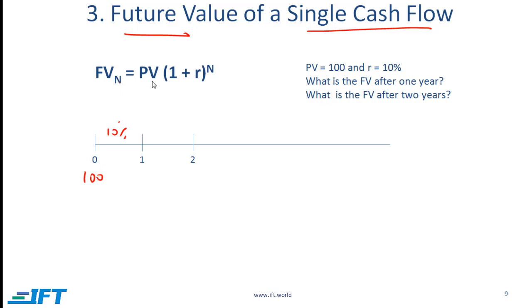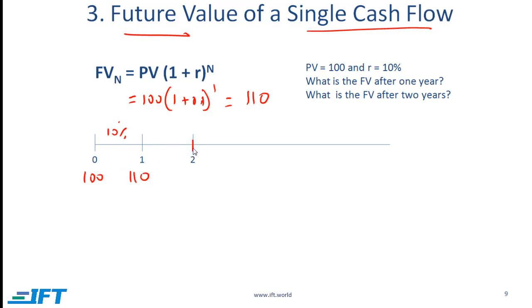If you plug into this formula, what you see is the following. The present value is 100, r is 10%, and in this formula we will use the decimal, so 1 plus 0.1 to the power of 1. This is equal to 110. So after 1 year, 100 will compound to 110.